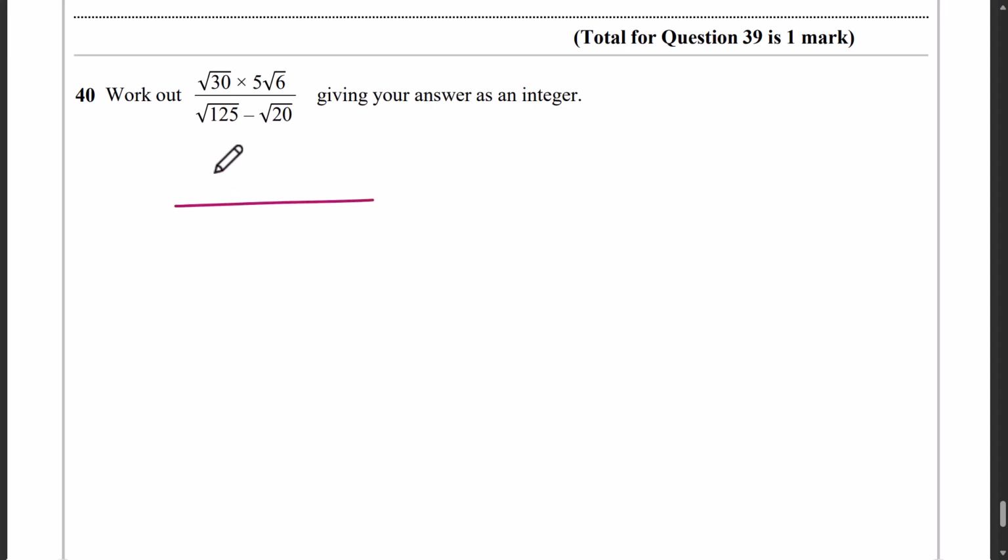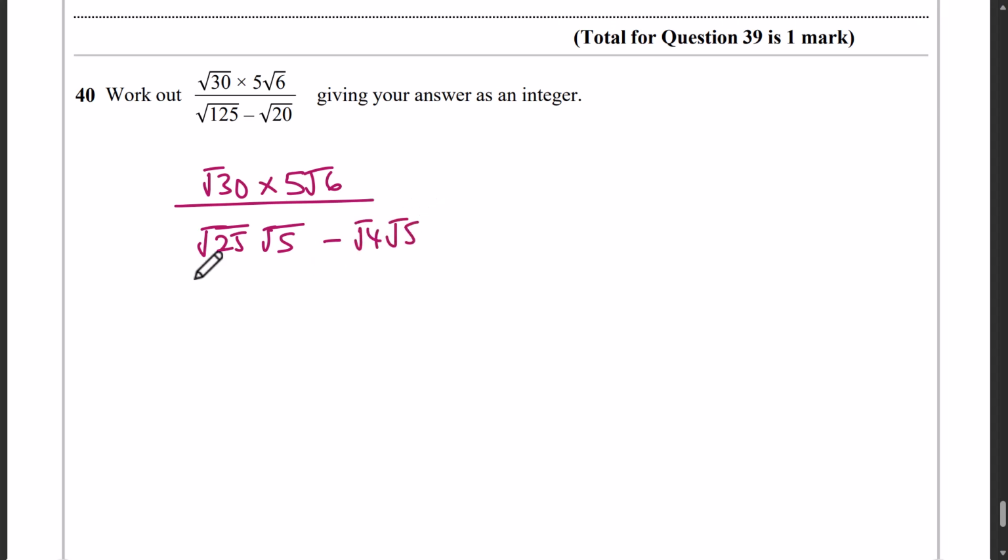Root 30 is root 30. I will still simplify this times 5 root 6. 125 here is root 25 times root 5, minus root 20, which is definitely root 4, root 5.